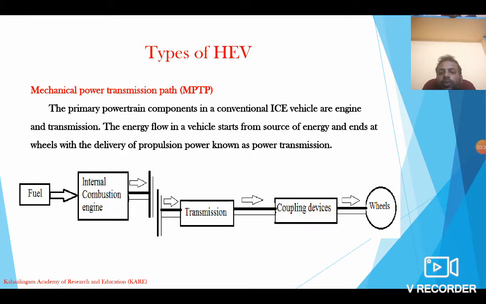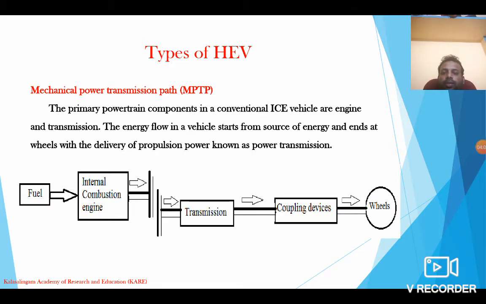So based on the power flow path through the different devices, it is classified into three types. One is the mechanical power transmission path, the second one is the electrical power transmission path, and then a combination of both power transmission paths, right? So what is the mechanical power transmission path? In this case, during the vehicle operation, the power will be transferred through mechanical linkages, right?